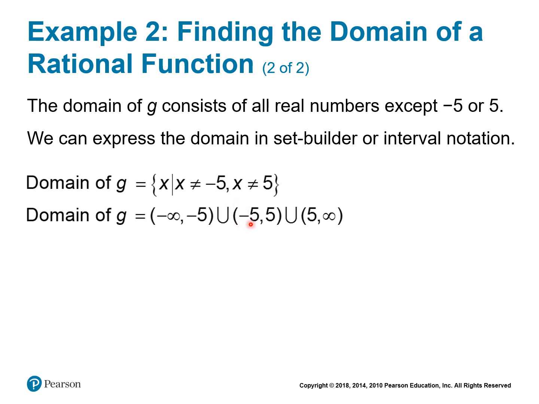Now we can start immediately after -5 and go all the way up to +5, as close as we can to +5, but exclude +5, and therefore the round bracket to close it, and then again union, and then immediately after 5 we can start inputting any value of x all the way to +infinity.